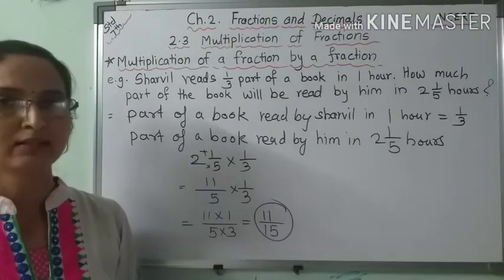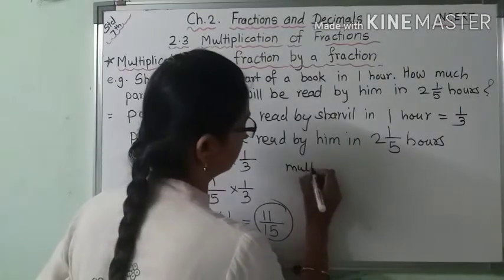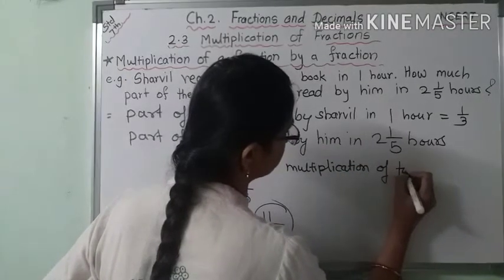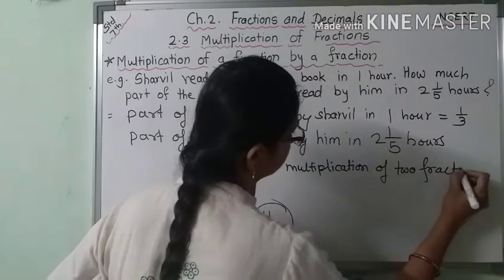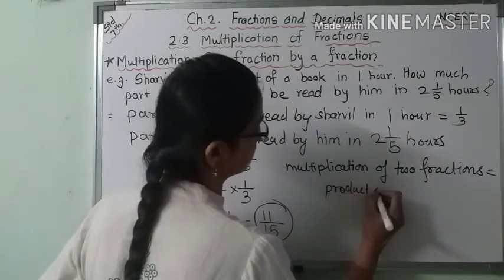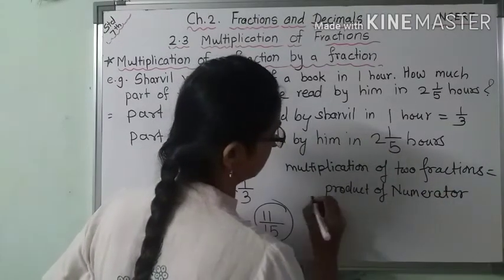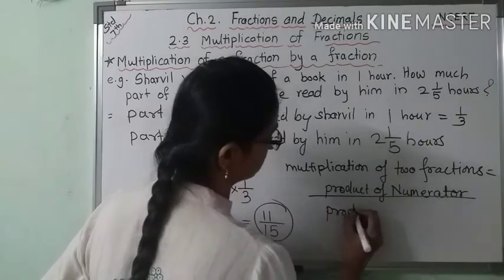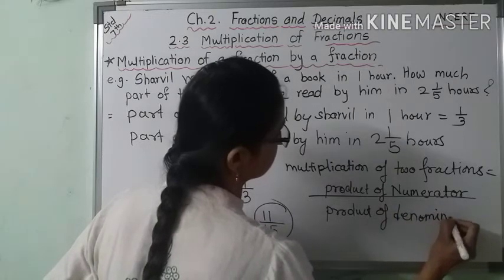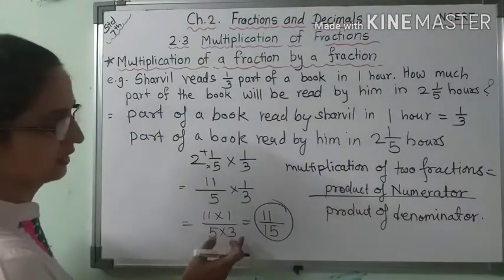So we find that multiplication of two fractions is equal to product of numerators upon product of denominators, as we have done in this example.